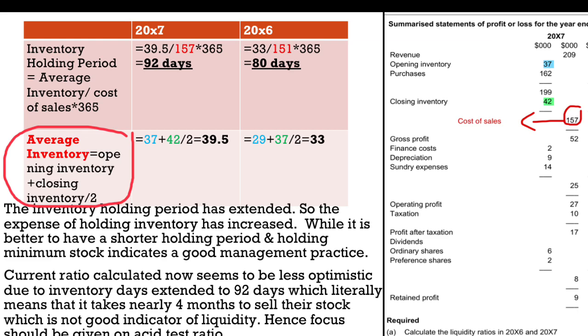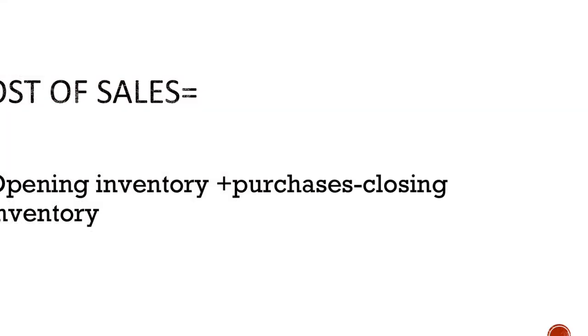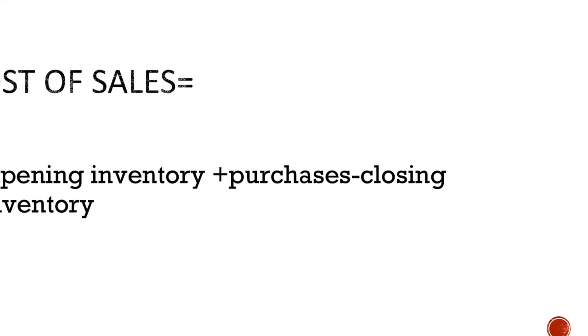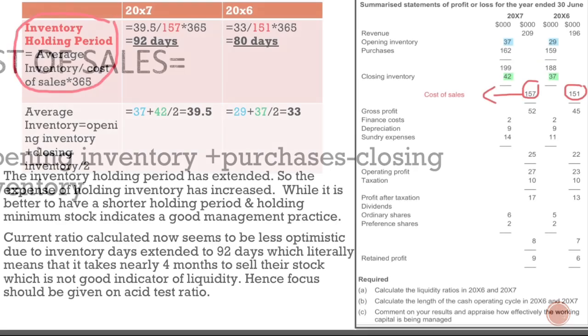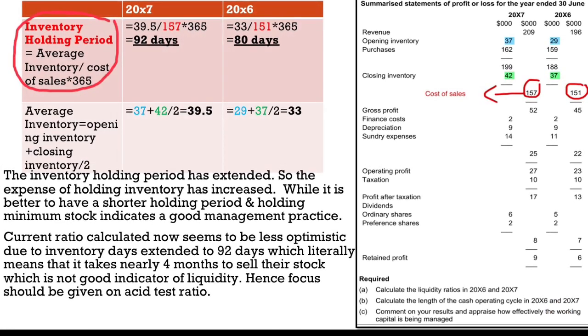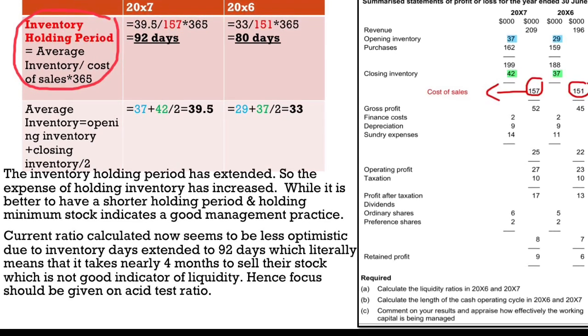the years. Then you have to calculate cost of sales, because average inventory is divided by cost of sales and then multiplied into 365 days. So cost of sales is calculated as opening inventory plus purchases minus closing inventory. So in the question, opening inventory for 2006 is 29, purchases is 159.